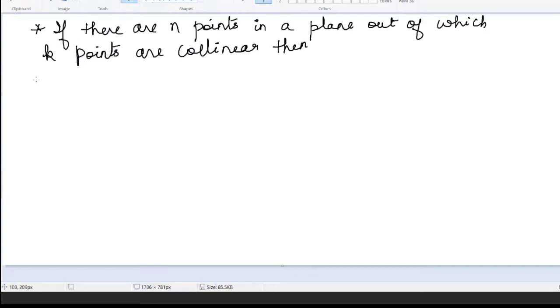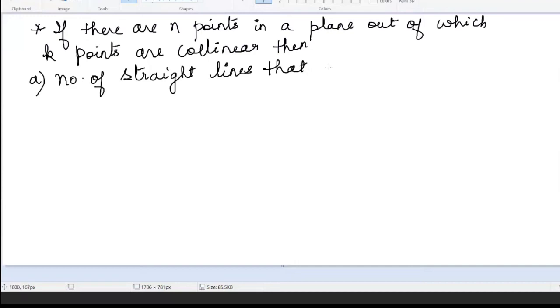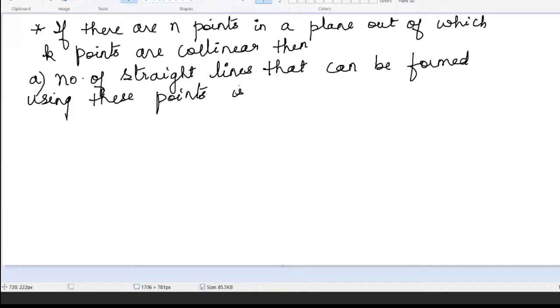A question that could be asked is the number of straight lines that can be formed using these points. It is NC2.